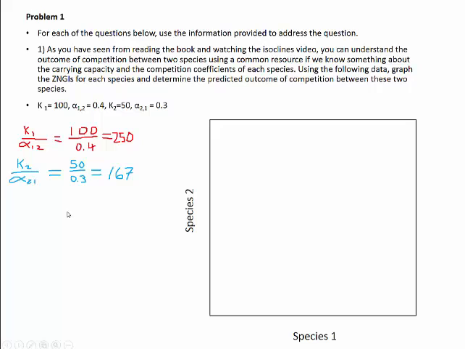Okay, I've tidied up our math here so that we have a little bit more room to work with. The next thing that we need to do is to start marking out our numbers of species on the x and y axis. Okay, so to begin with, on the x-axis we're going to have to graph both the 167 and the carrying capacity for species 1.